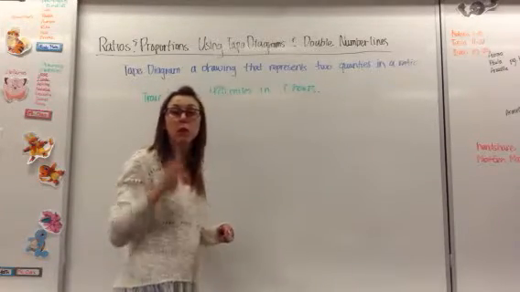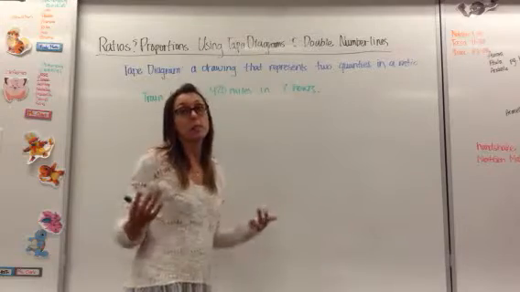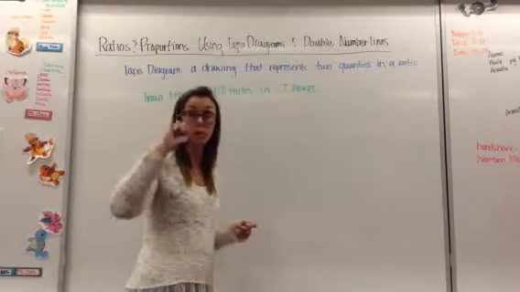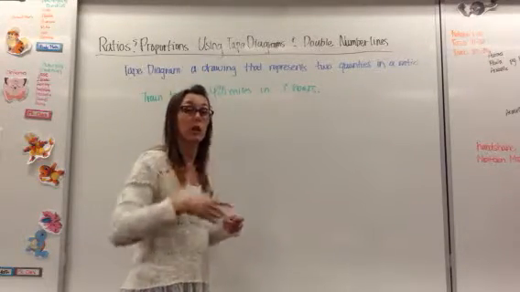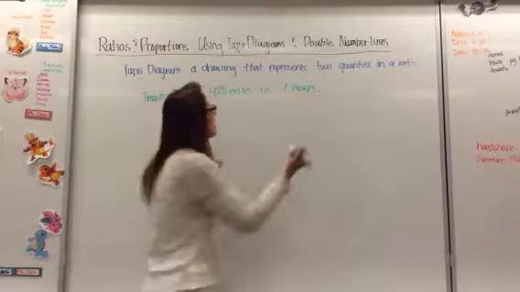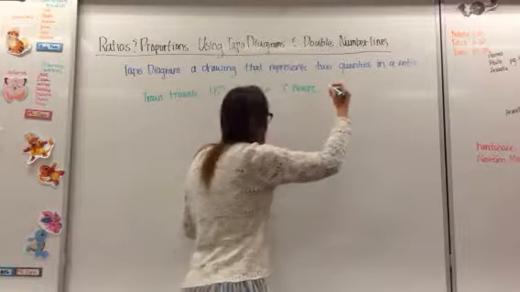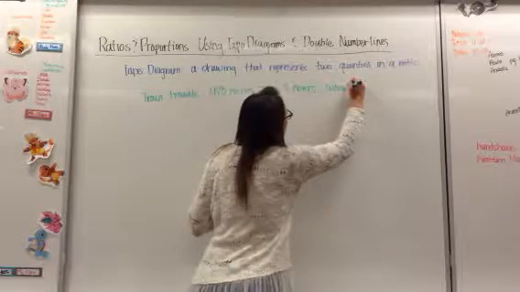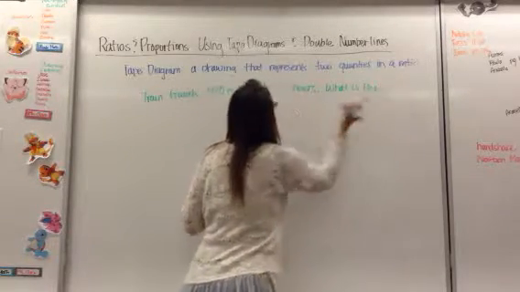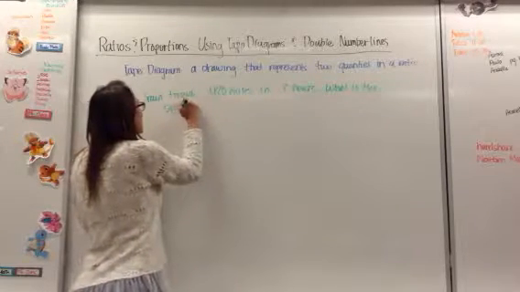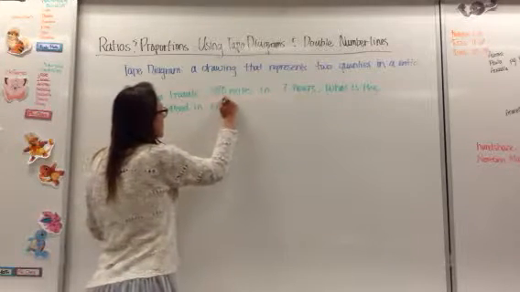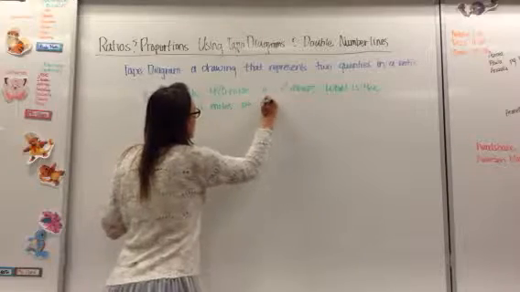When we hear that word per, we know that it's going to be a unit rate because per usually means 1. So per hour means in 1 hour. What is the speed in miles per hour?